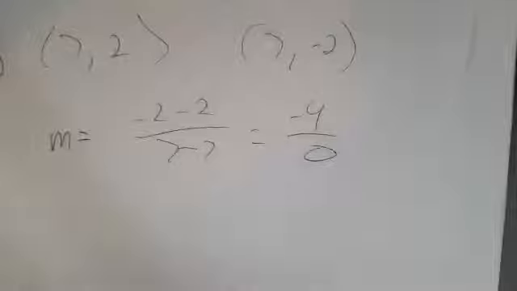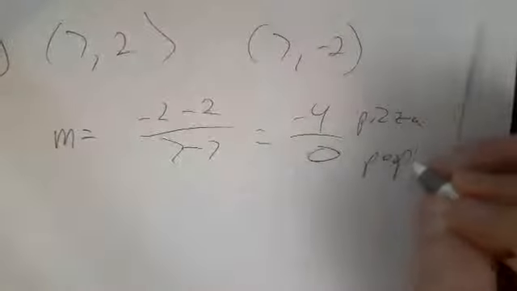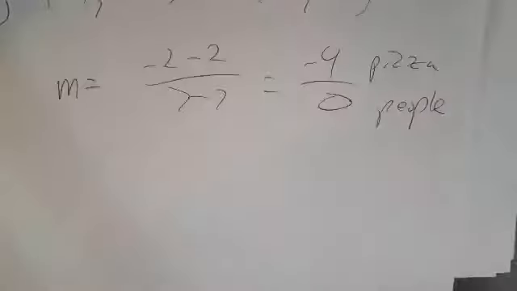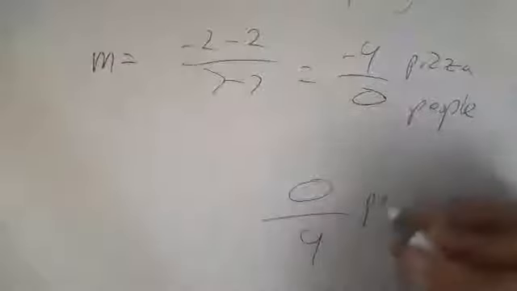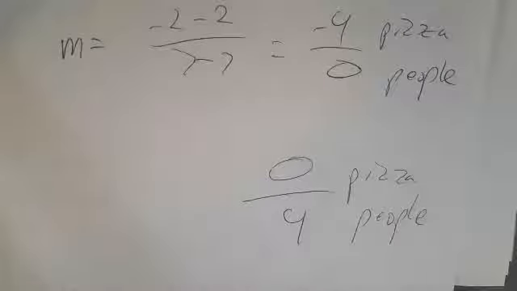So the thing I always think about is pizza to people. And let's go -4 over 0. The other thing would be 0 over 4, right? This is probably an easier thing to ask.